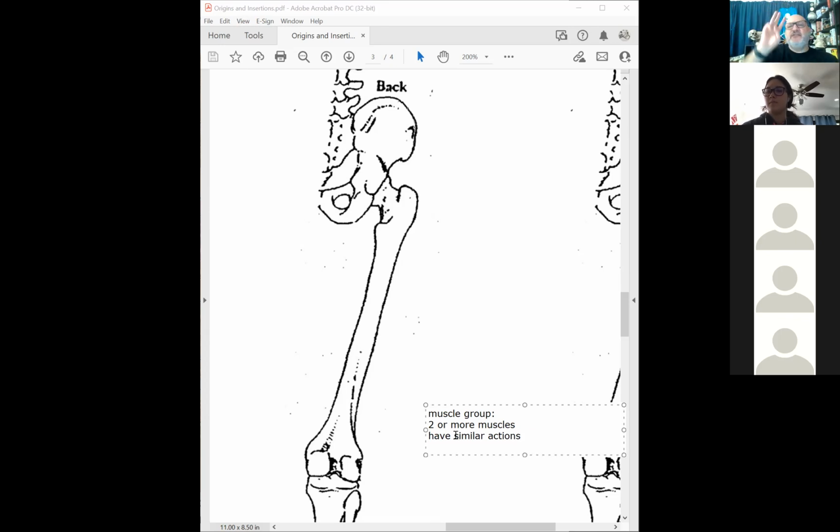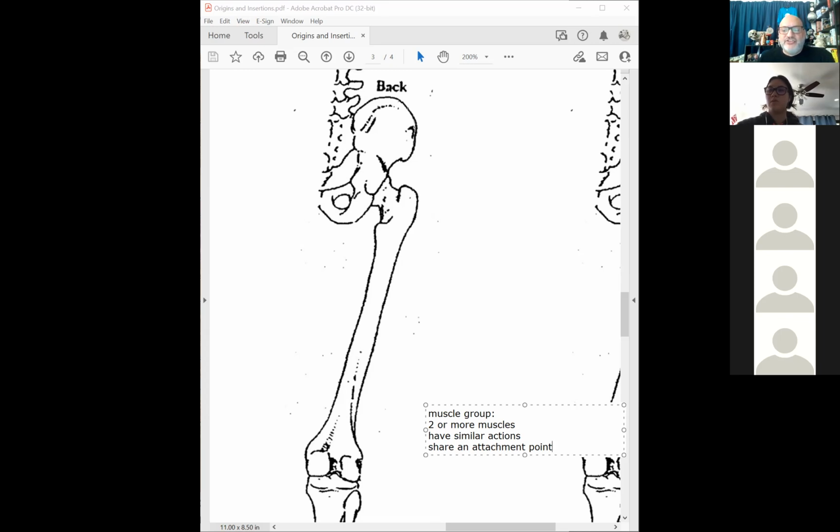And what is the third criteria? Don't they have to share an insertion or? Or insertion. They only have one insertion, right? Well, they need to share. It doesn't have to be the origin or the insertion, but it has to be at least one of them.